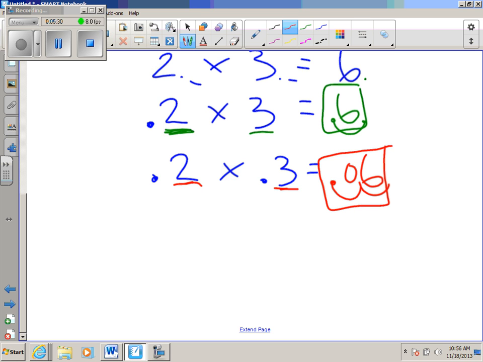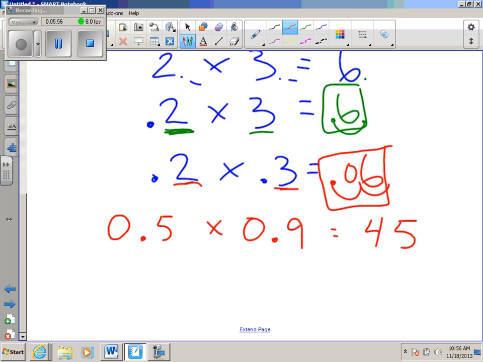So if we had 0.5 times 0.9, now the integers that we can focus on are going to be what? What are we actually going to be multiplying first, Mariah? And what is 5 times 9? 45.